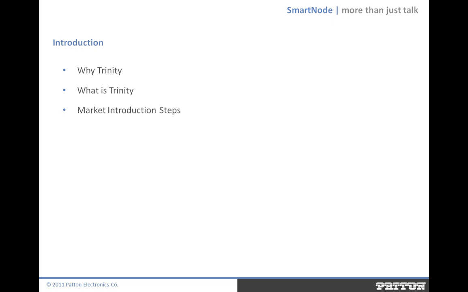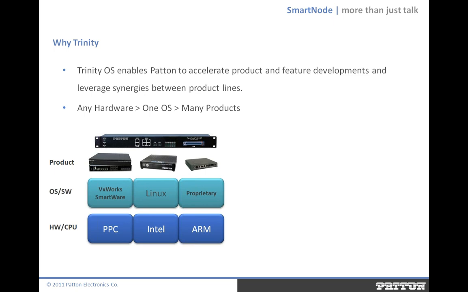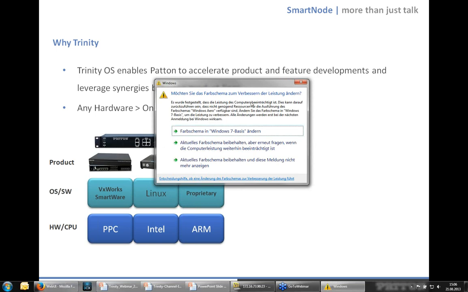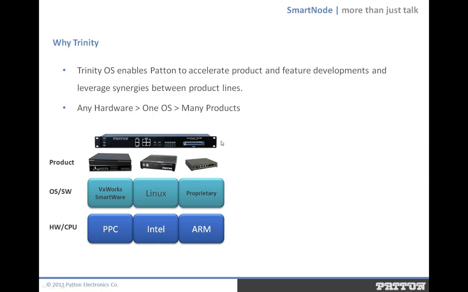Okay, so why a new operating system? Trinity will enable us, Patent, here to significantly accelerate our product development. As you can see in that little graph, and as you know, we have a legacy of product. We have a wide range of products, and they have grown over the years on different hardware platforms, different CPU systems with their corresponding operating systems.